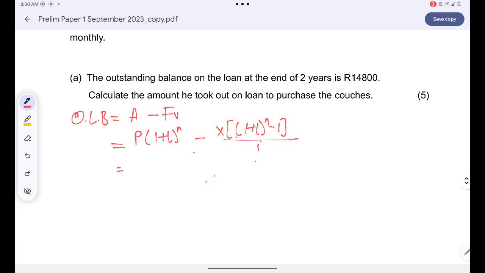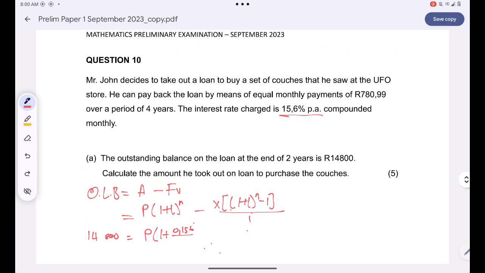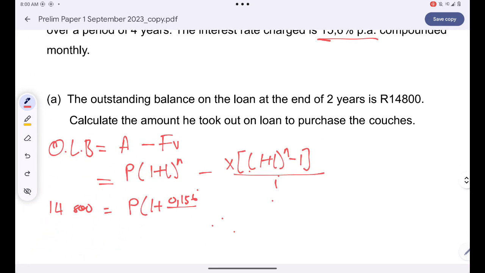Now, our outstanding loan balance is 14,800 rands. We are looking for the value of the loan, which is just P. And then I just have 1 plus 0.156. Remember, I'm given the percentage as 15.6, so that means my interest is 0.156 divided by 12.